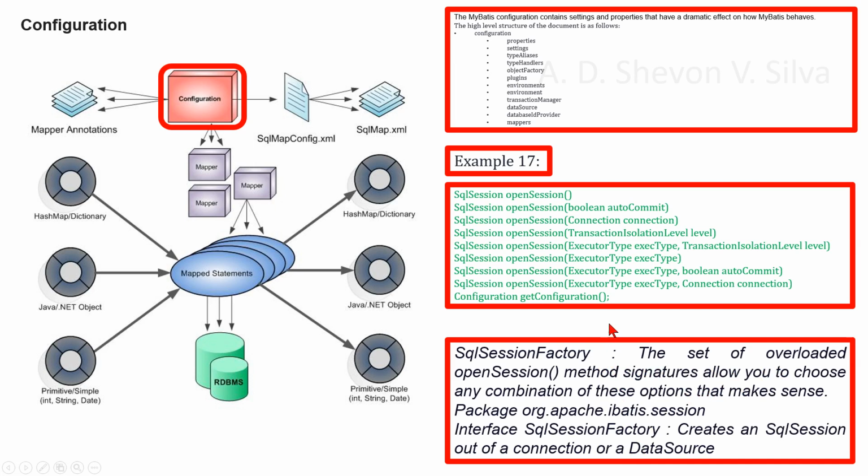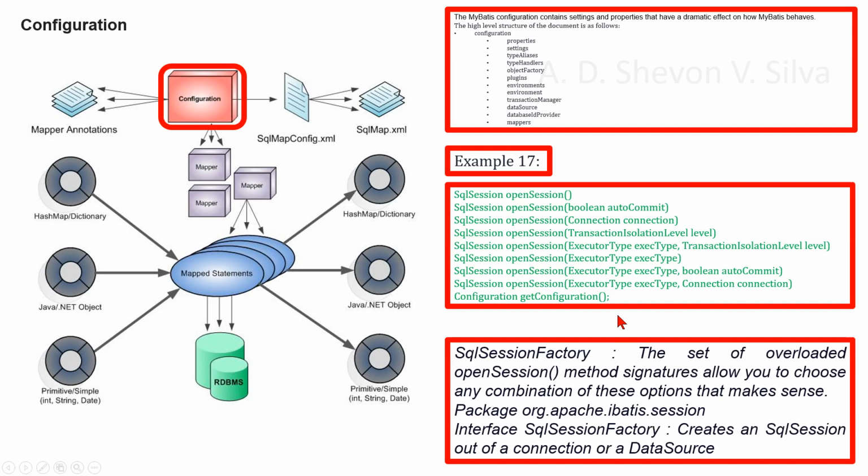Do you want to use transaction scope for the session, or use auto commit? Usually that means no transaction with most databases and JDBC drivers. Connection. Do you want MyBatis to acquire a connection from the configured data source for you, or do you want to provide your own?